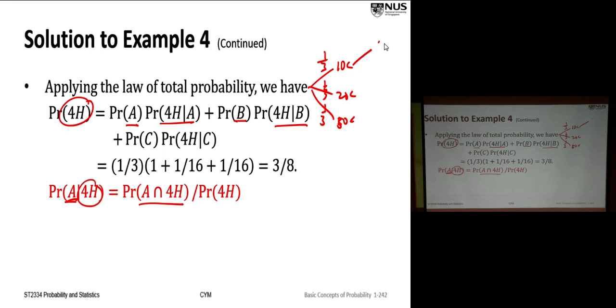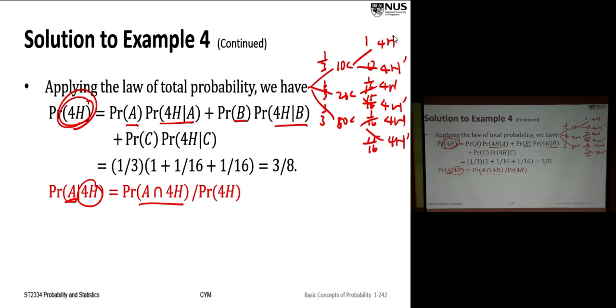Each one, you got 4 heads and non-4 heads. The probabilities are 1, 0, 1 over 16, 15 over 16, 1 over 16, and 15 over 16.